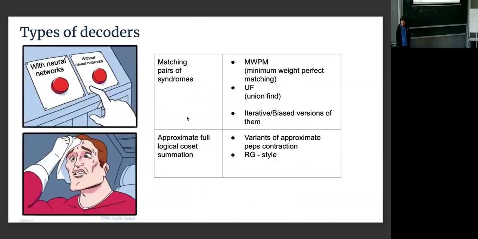Okay, so now let's go to what non-trainable approaches exist to decode. I roughly could split them in two big parts. One big part is, okay, we somehow need to match.